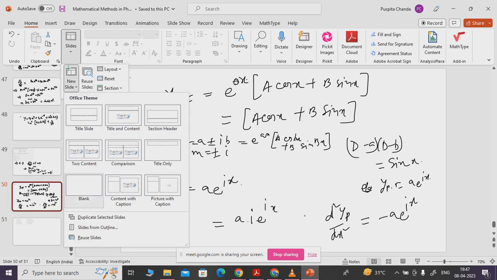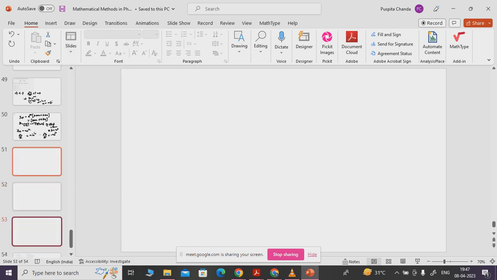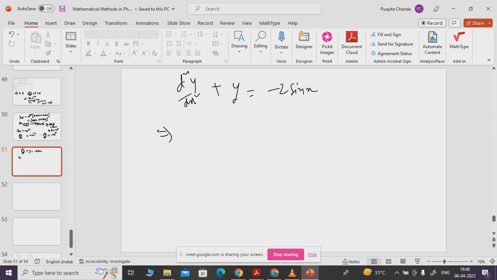When we put these values in the equation d2y/dx² + y = -2 sin x, it is -a e^(ix) plus a e^(ix), which is 0. It cannot be equal to -2 sin x. So there is a problem with our assumption.